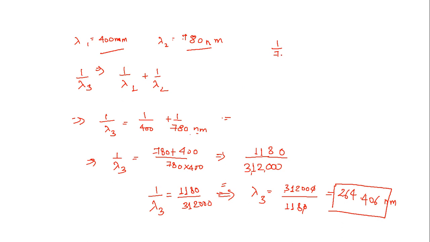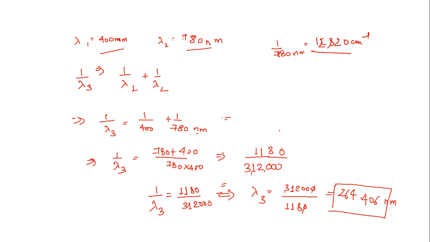So 1 upon 780 nanometer will be around 12,820 centimeter inverse. What if I give you this as the relation?